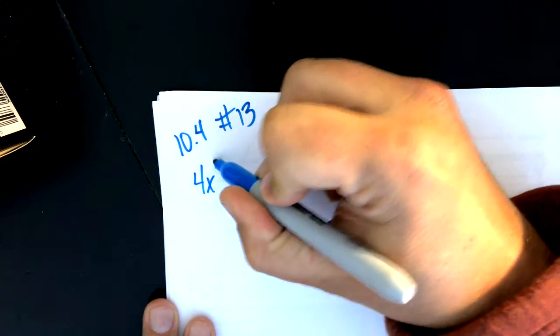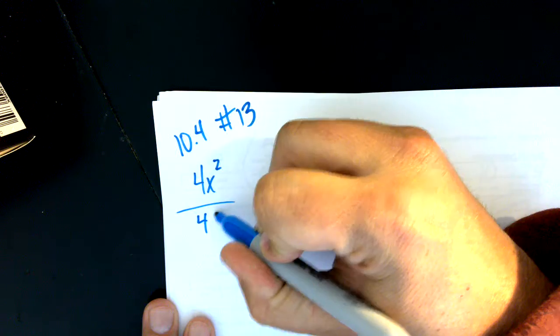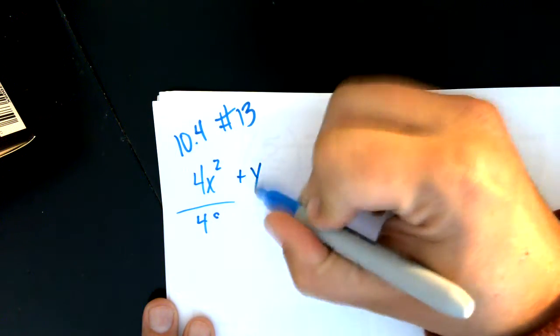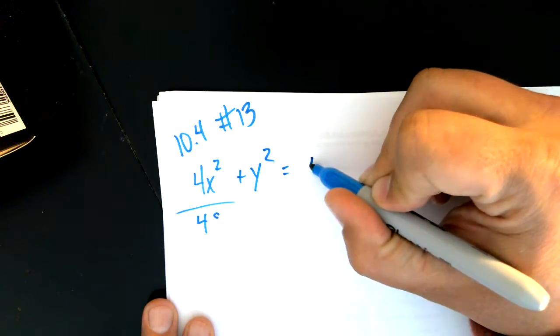So we got a tough question here. This is number 13 from 10-4, and we're given 4x squared plus y squared equals 49.